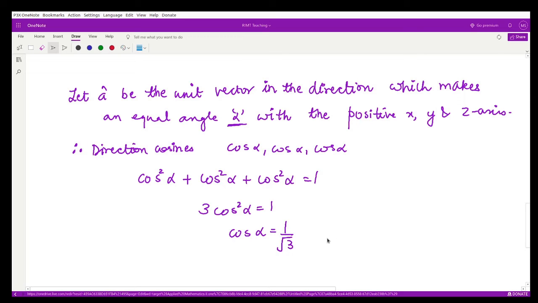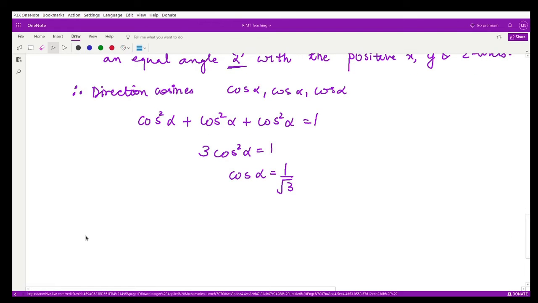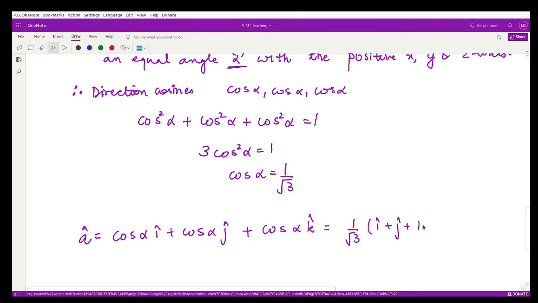So basically your direction in which you wanted to calculate the unit vector would be cos alpha i cap plus cos alpha j cap plus cos alpha k cap. So this becomes 1 by square root 3 times i cap plus j cap plus k cap. So this is the unit vector in the given direction.